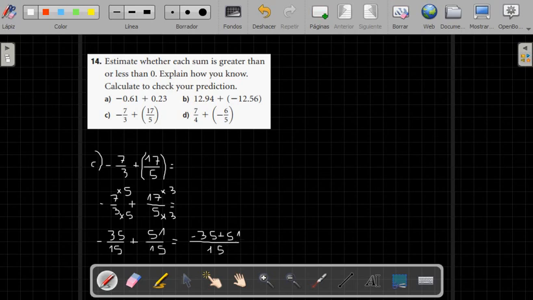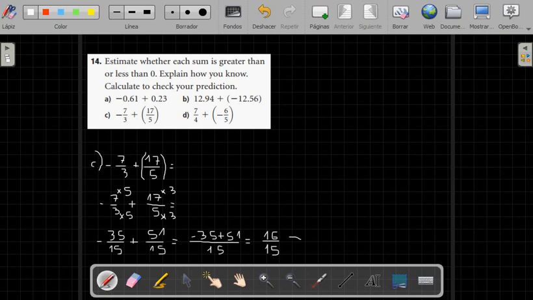There we have it, and these are different numbers with different signs, so we must subtract. Son números con distintos signos, se debe entonces restar. El resultado nos quedaría 16 quinceavos, 16/15.